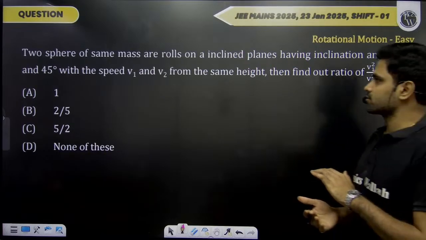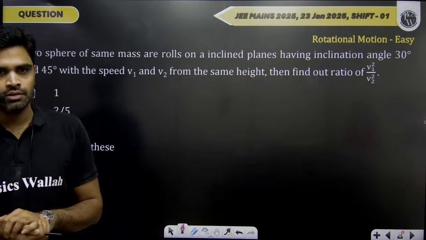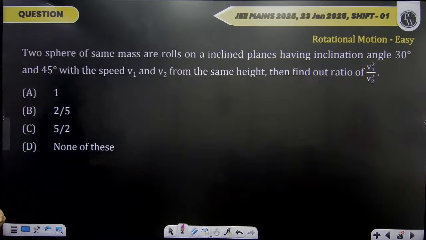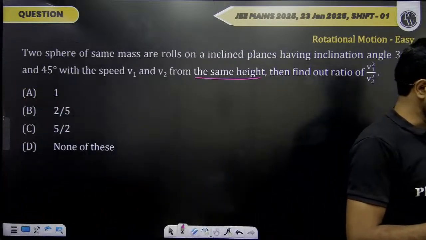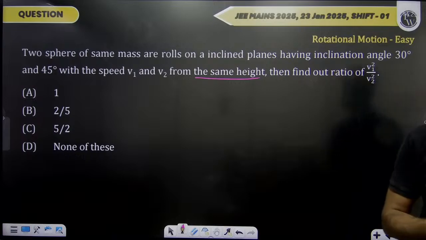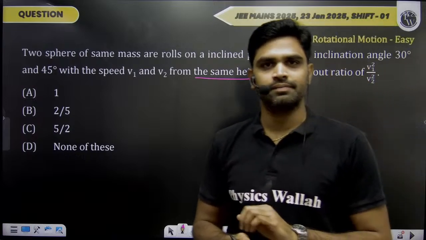Let us move to the next question. Two spheres are rolled on an incline from the same height. They are asking to find the ratio of V1 square by V2 square.